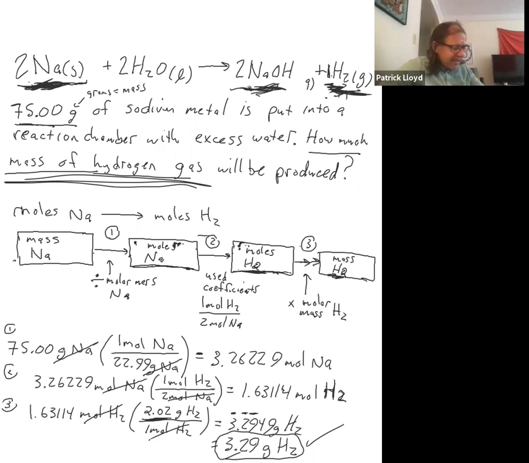So if they gave you the mass of sodium, you could just go in and stop at moles of hydrogen, so you can use it for any of those types of problems. Now, I don't have much time left, but I'm going to try to rip through a simple one real quick, just so you can see a second example. I'll do it pretty quickly, but you can always pause it and take a look at it.